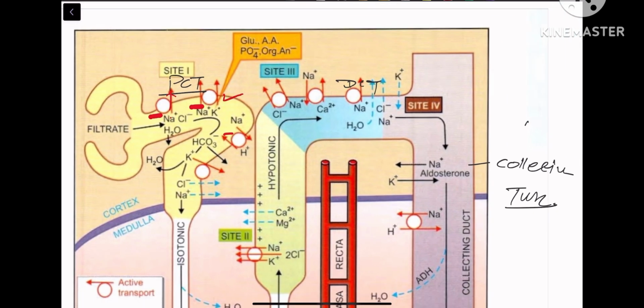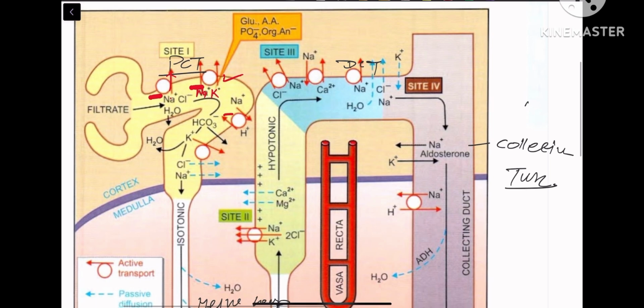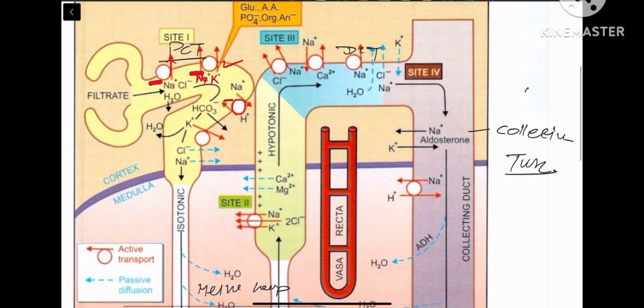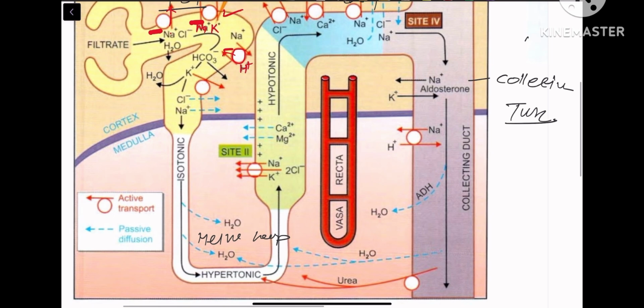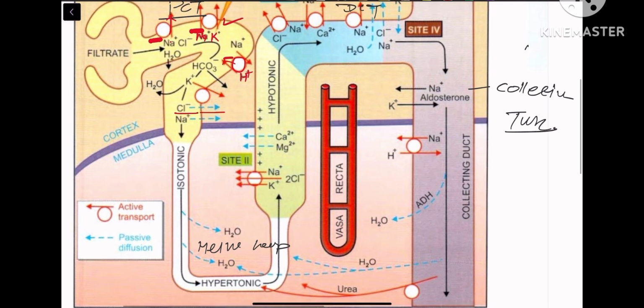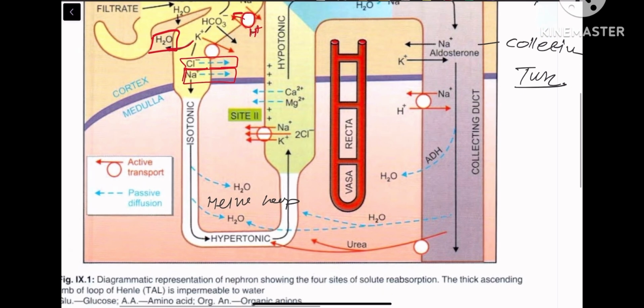Here is another transporter where sodium and potassium are transported in a symport way. Here we have another transporter where sodium is transported with hydrogen, and after that chloride and sodium are transported passively along with water.